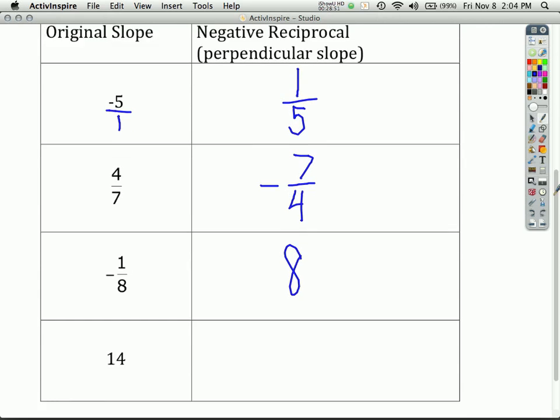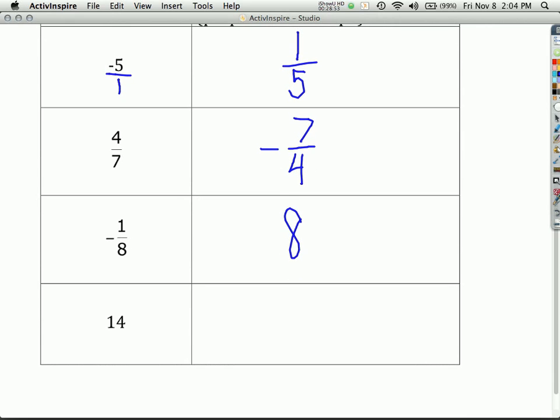And what about 14? What will the negative reciprocal be of that? Shelby? Very good. -1/14. Does anyone have any questions about that?